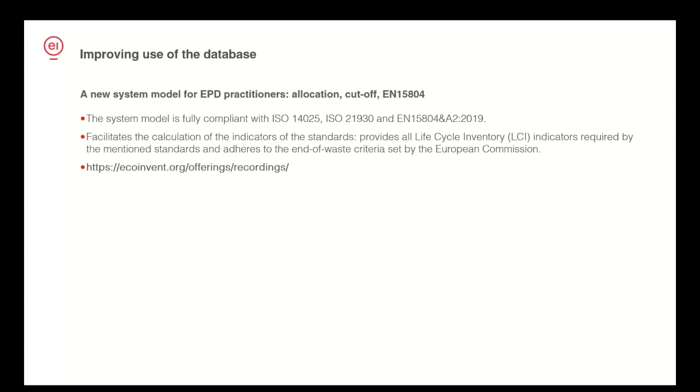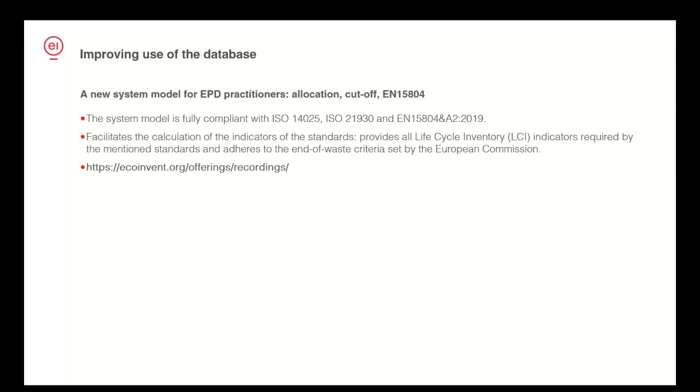This is a system model that is fully compliant with ISO 14025, ISO 21930, and the EN 15804, including the A2 addendum of 2019. This system model aims at facilitating the EPD practitioners' work.